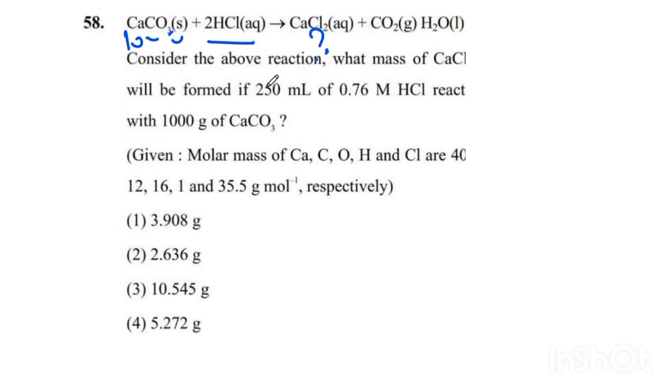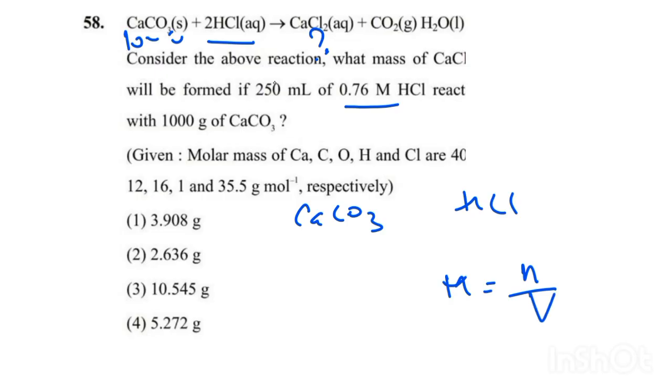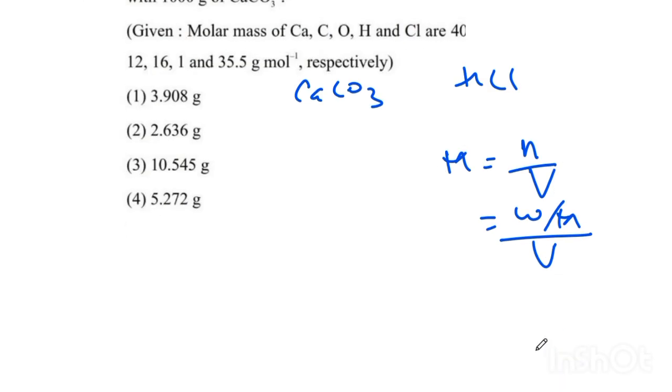Now let's compare calcium carbonate and HCl. HCl mass is not given, molarity is given. So molarity is 0.76 M. Molarity is number of moles of solute by volume. Number of moles is given mass by molecular mass.